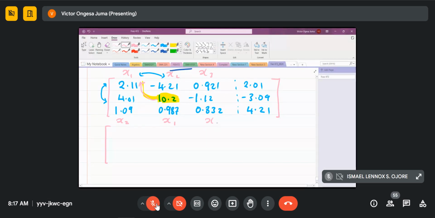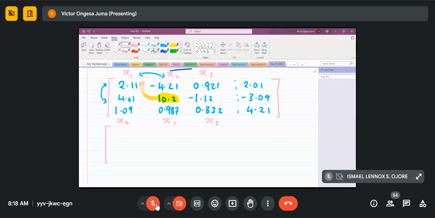Nothing happened to x3. So when you solve this, your first solution will be for x3, the second will be for x1, and then the third one will be for x2, and not x1. So they will have switched positions. If you don't keep track of how these ones are moving in full pivoting, then you lose the sense. You will get the right solutions, but you will assign them to the wrong variables.